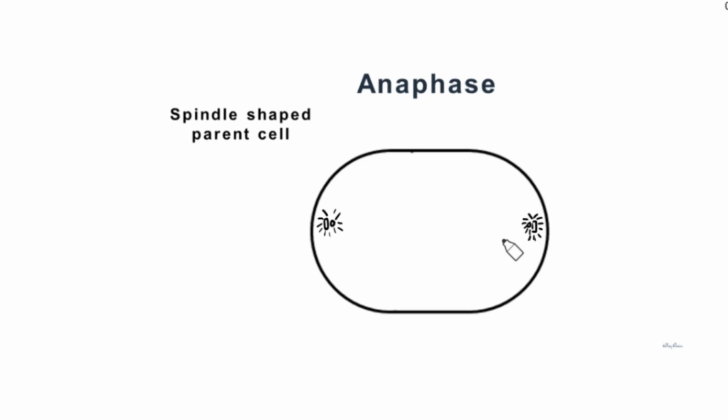In anaphase, we don't need to label the metaphase plate anymore because why? The chromosomal behavior starts to show the keyword here, which is separate and move.